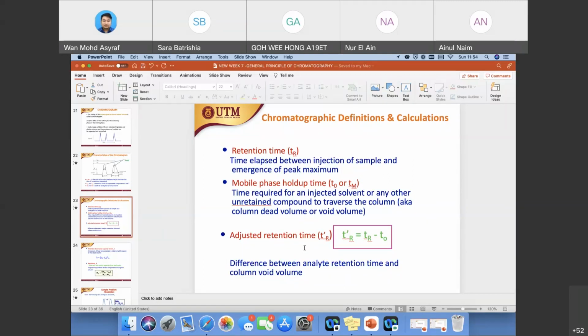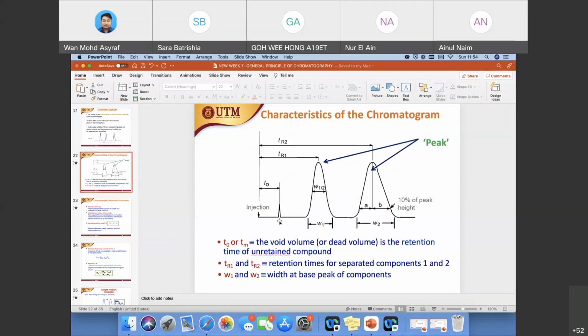That is called adjusted retention time. It is the difference between the analyte retention time and the column void volume. This column void volume is something common, so you need to do your calculation based on the adjusted retention time.